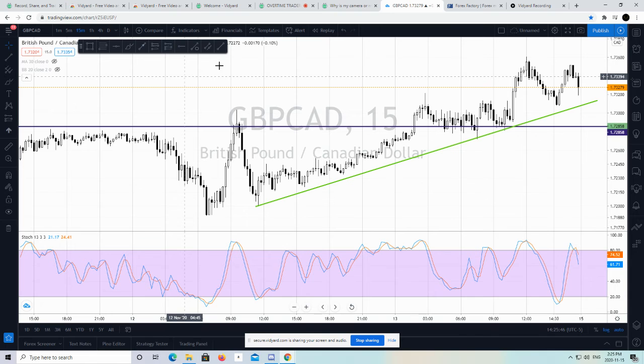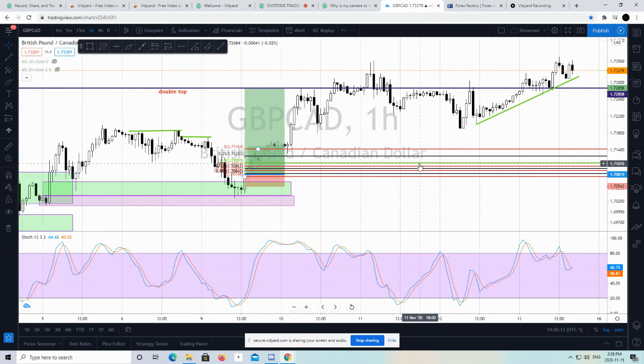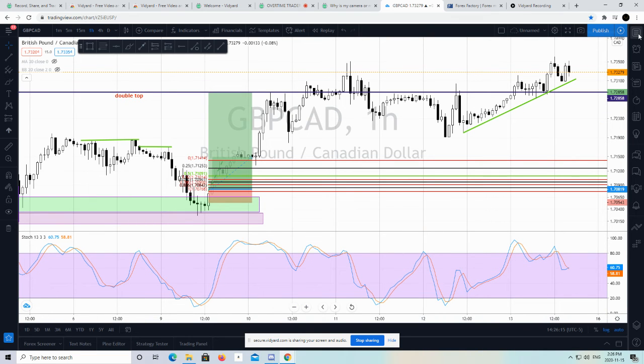We keep bouncing off this line. If we broke, we could come lower to go higher, or we could just keep making higher highs, higher lows, and keep moving up. So those are some of the pairs that I'm looking at.